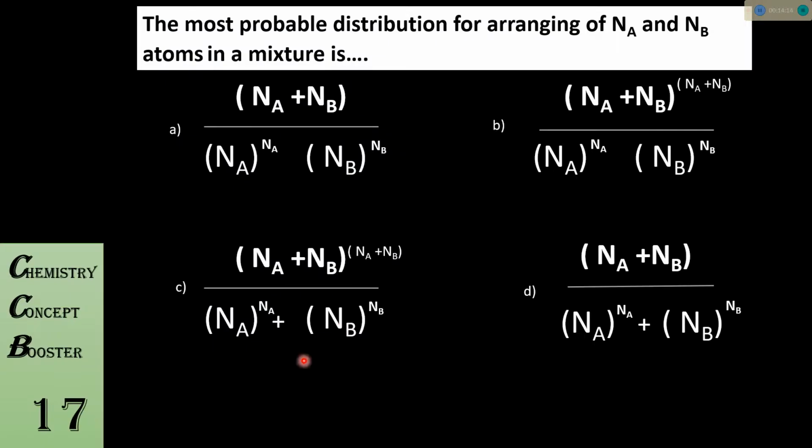So now, for the options, Na plus Nb to the power Na plus Nb upon Na power Na, Nb power Nb: in the lower term, this should be multiplication, not a positive sign. So C and D are cancelled out.